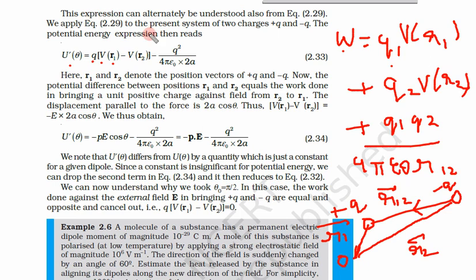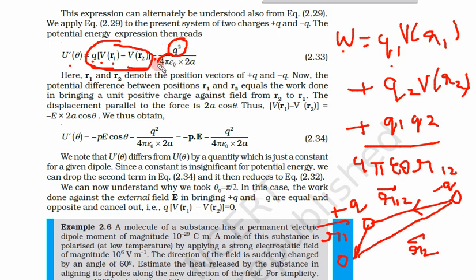So let us put these values here. q1 is simply positive q and V(r1), this term is there. Now the second term is minus q, so q is taken common, V(r1) minus V(r2), because q2 is minus q. So this first term is clear. Now for the second term, q1 q2, both are q with a minus sign, so minus q squared.